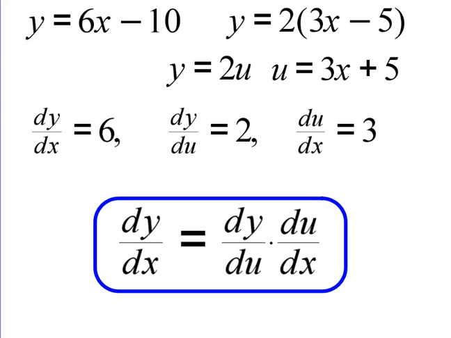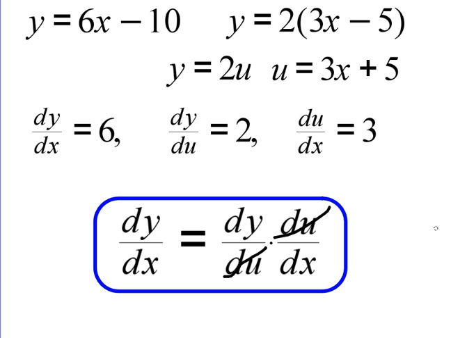This is the chain rule right here, saying that dy dx, when y is a composite function of x, you can simply take the derivative of y with respect to u and then multiply by the derivative of u with respect to x. Notice these two du's essentially cancel, and we're left with just dy dx.